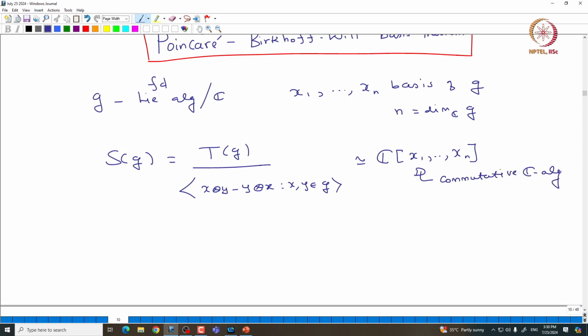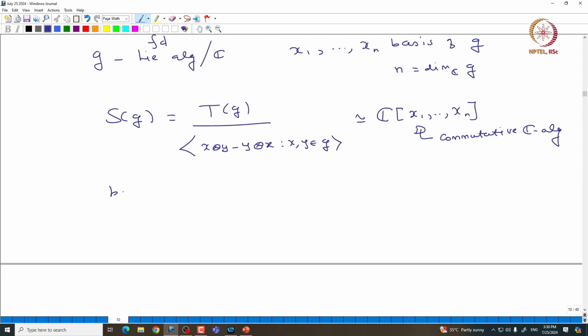Now, if you think about it, there is a natural basis of this, which is given by x_{i1} through x_{ik}, where these i1 through ik all come from 1 to n, such that, since all the variables commute, I can arrange them in increasing order.